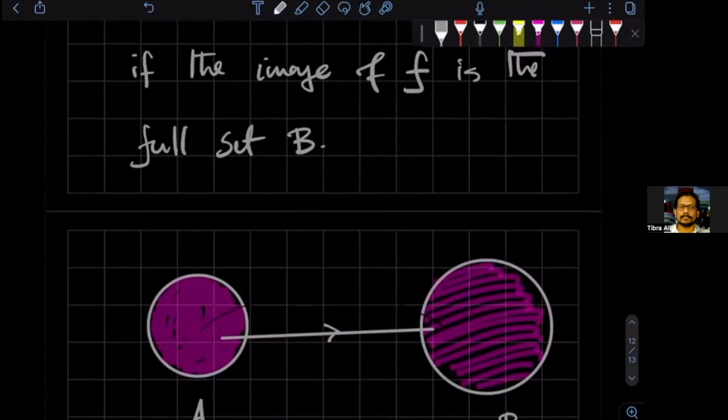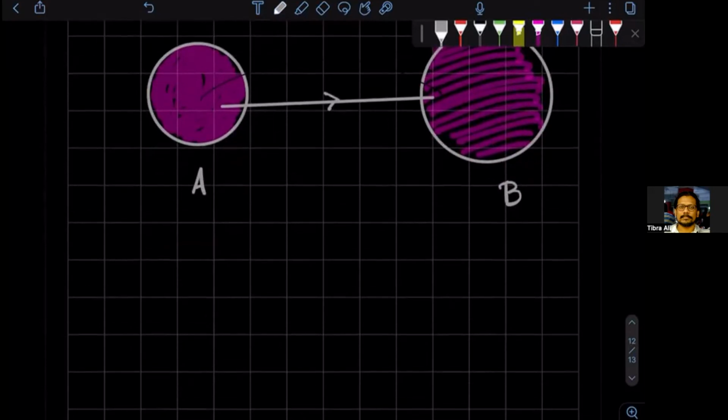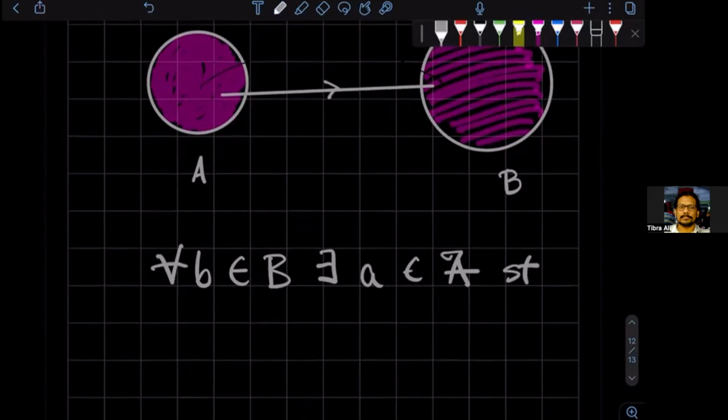The way to express this mathematically is to say that for all elements b in B, there exists some a in the first set A, such that F of a gives me b.